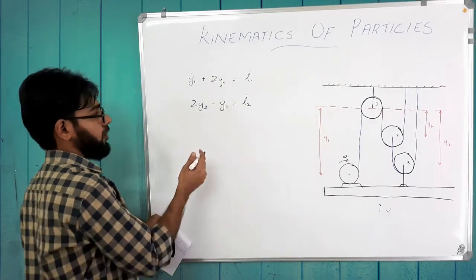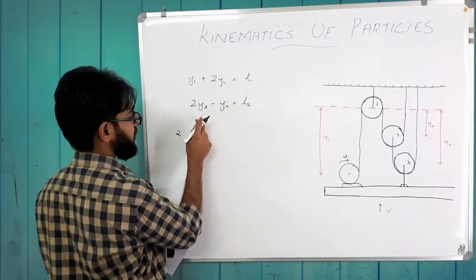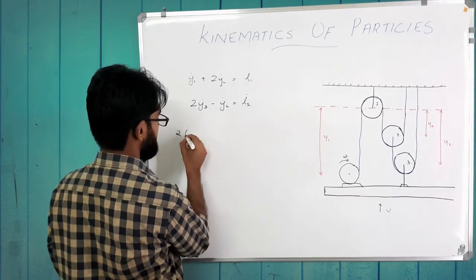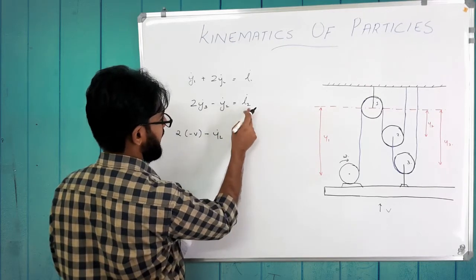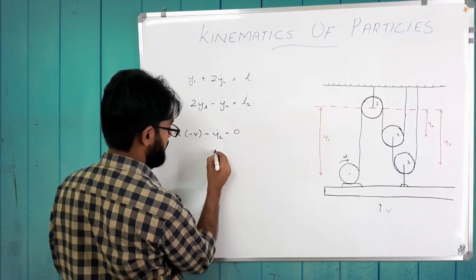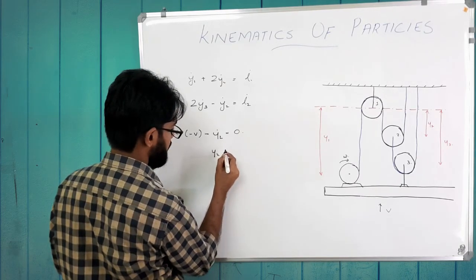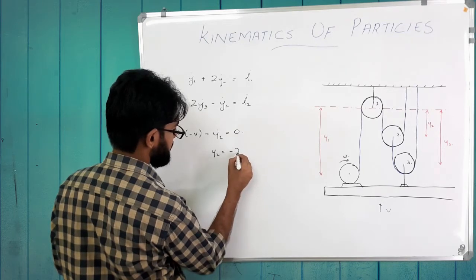Now first I will look into this equation. So 2 into y3 dot is actually minus v, minus y2 dot, and L2 dot is 0. So as such, from this you will get y2 dot is equal to minus 2v.